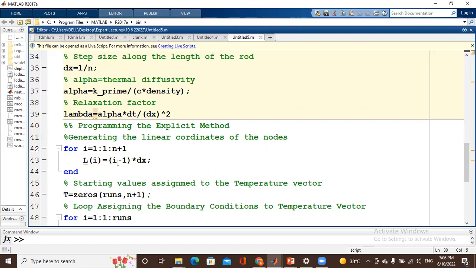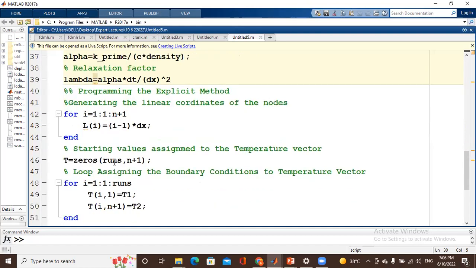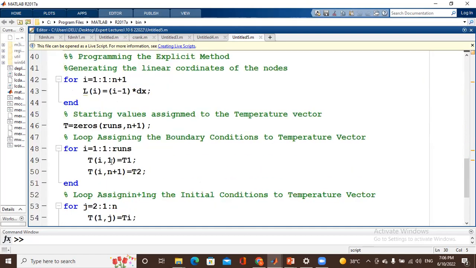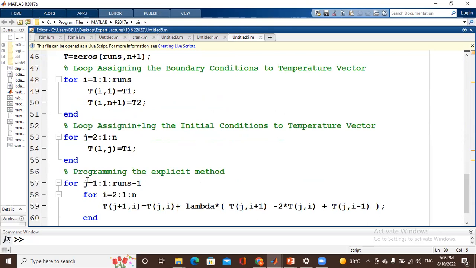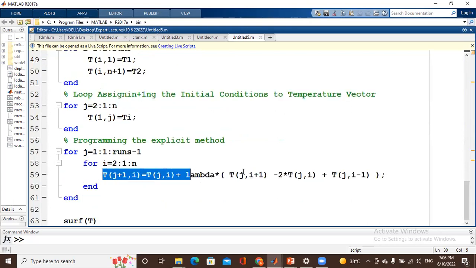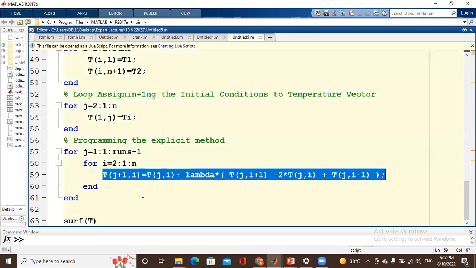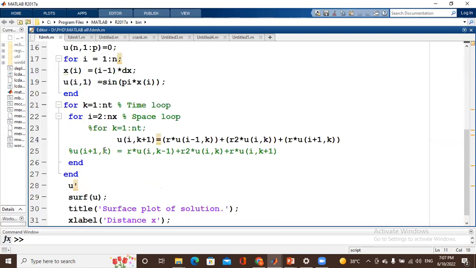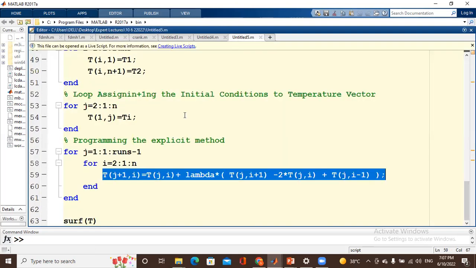So here we use a different form, and we use this similar equation, and we run the program. All the program is similar to the first program, only the form is different.